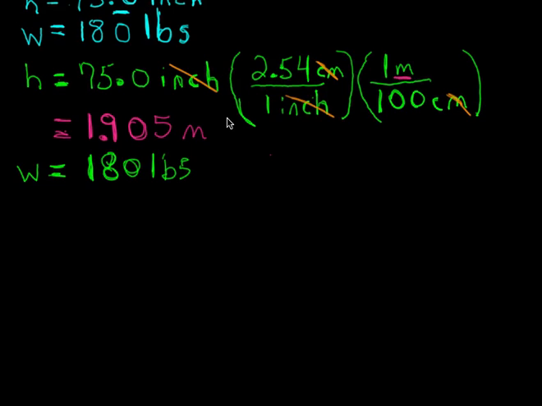SI units don't deal with weight as a specific thing; weight is a force affected by mass. We could measure weight in newtons, but more often than not, when you talk about weight in English units, you're measuring its mass. You're assuming everything's near the surface of the Earth, and that g is 9.80 meters per second squared. That's what the conversion sheet is asking here, so we're going to use 1 kilogram equals 2.20 pounds.